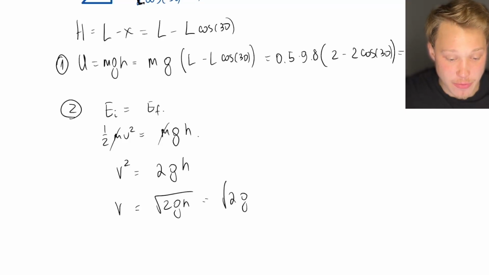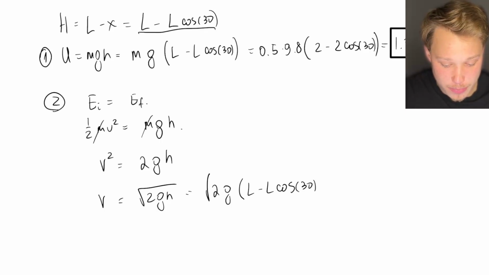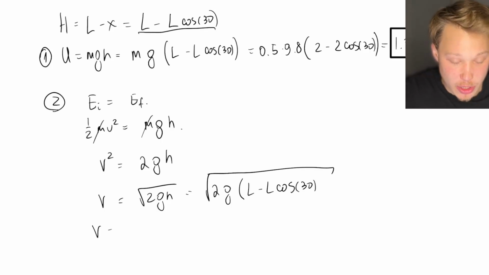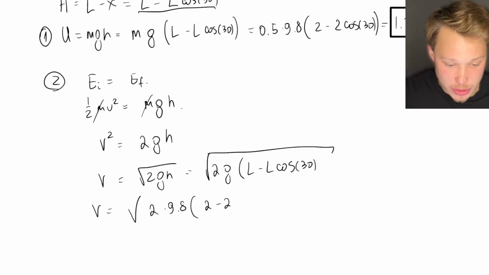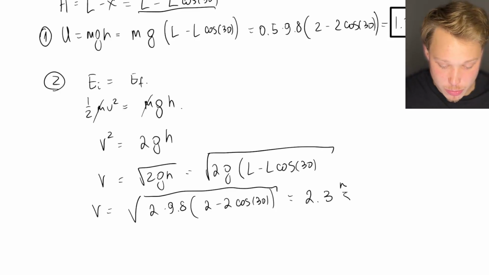Remember, we have an equation for h, L minus L cosine 30. If we plug in all of our numbers, 2 times 9.8 times (2 minus 2 times cosine 30), we find our velocity as 2.3 meters per second.